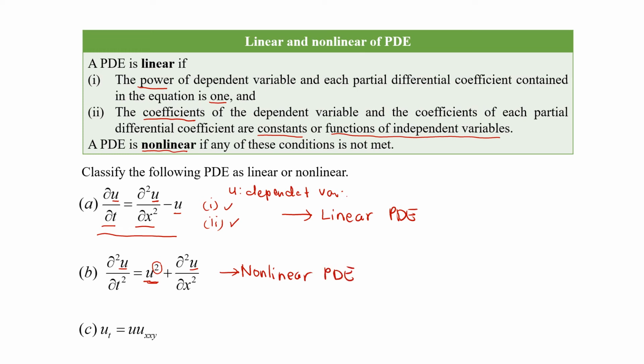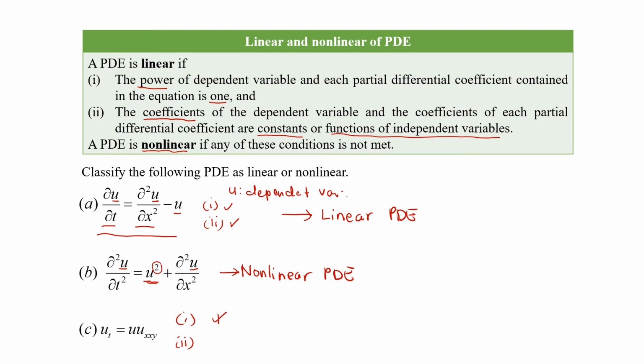Okay, now we proceed with the third example, where ut equals uxxy. The first one is the power. The power of the dependent variable is 1, so it is satisfied. And the second condition is the coefficient of the dependent variable and the coefficients of the partial differential coefficients.